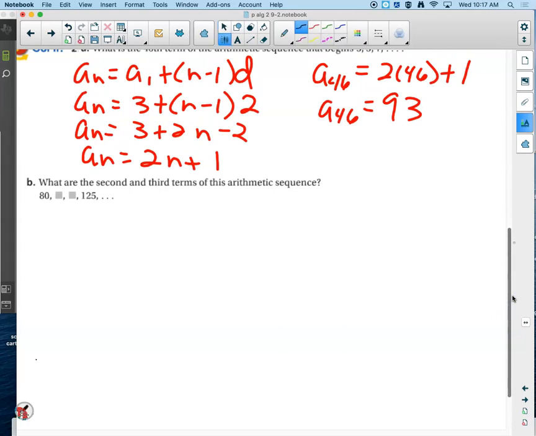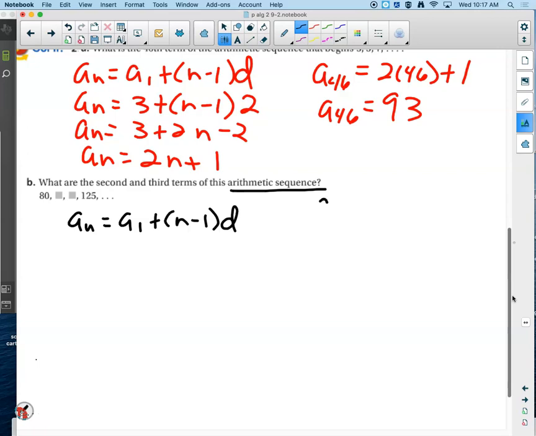So how do we want to start this when we see that it's an arithmetic sequence? Absolutely. Okay. What did they flat out give us?